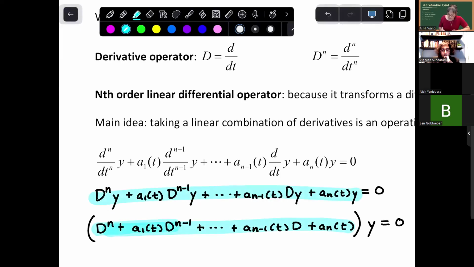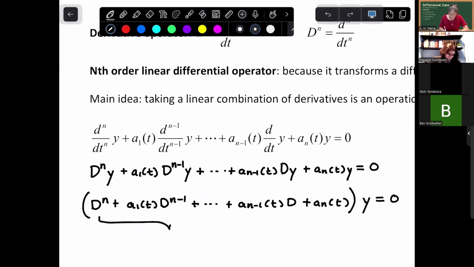Now our thought process is that this is going to operate on that y to transform the y into the 0 function. It's a new way of thinking about it, because anytime you operate on a function, you get another function out.